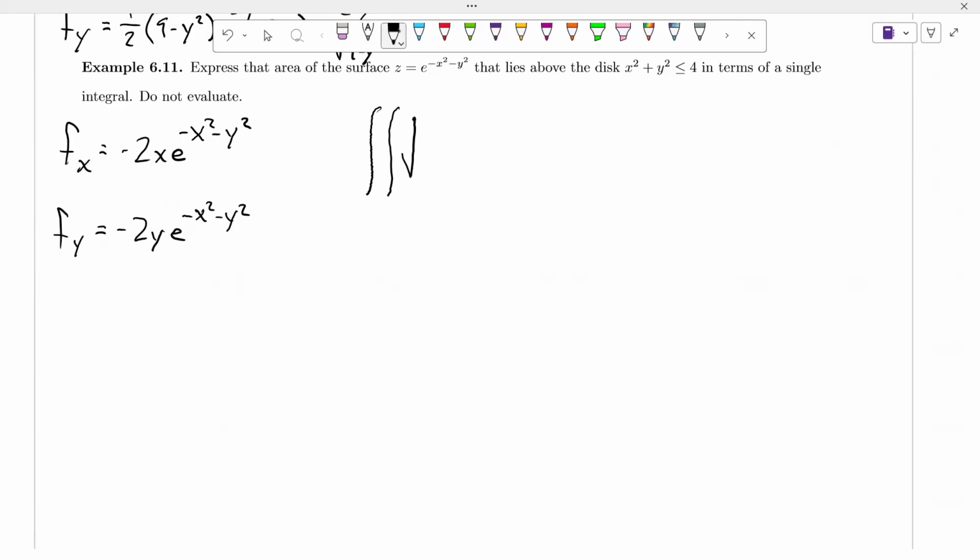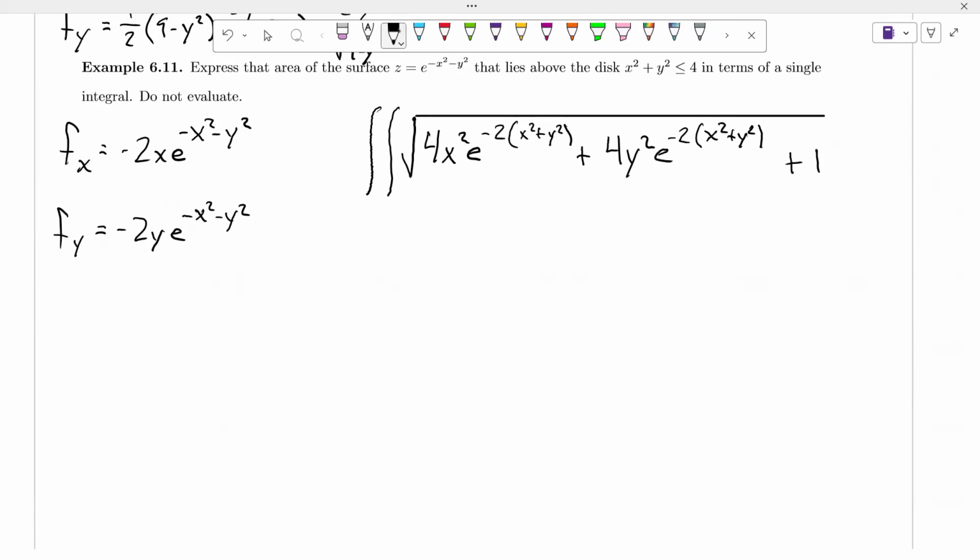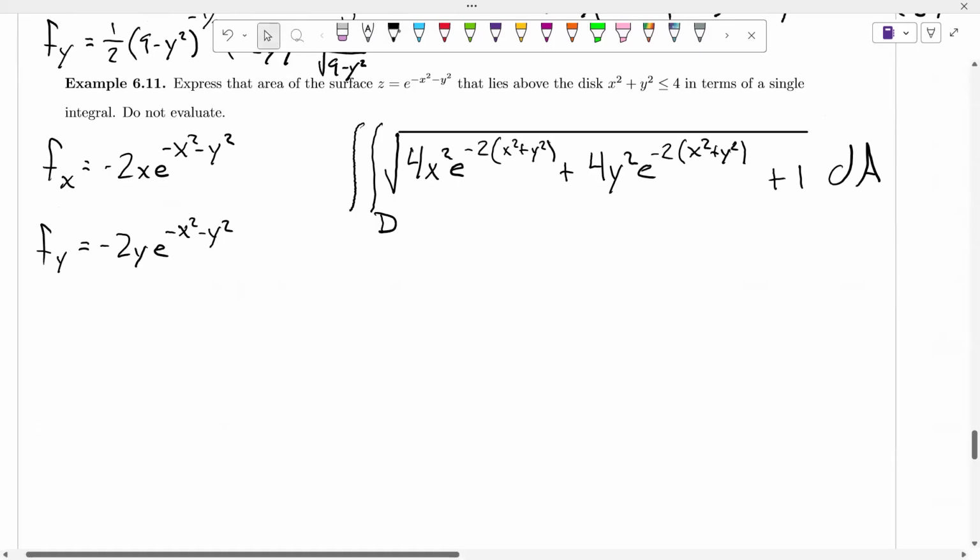So this will be the square root of 4x squared e to the negative 2 times (x squared plus y squared) plus 4y squared e to the negative 2 times (x squared plus y squared) plus 1 dA, and then we'll put a D down there to indicate we're going over the region D. Right, if I square those two partial derivatives, I think I end up with this expression right there.